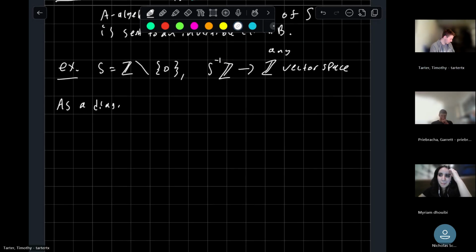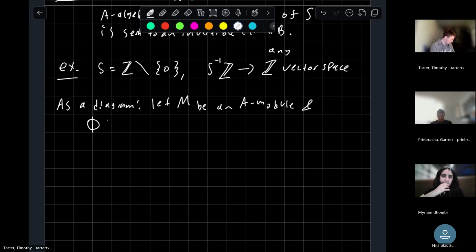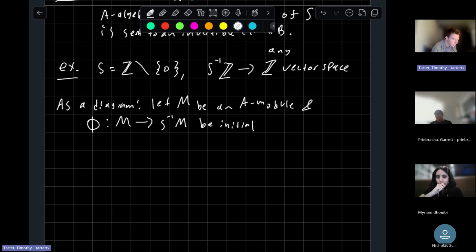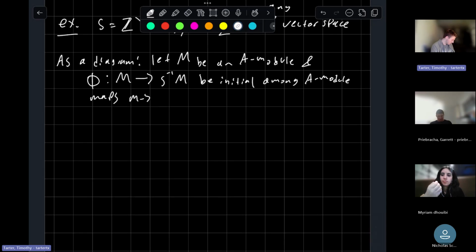So as a diagram, let M be an A module and let phi from M to S inverse M be initial among A module maps from M to N such that elements of S are invertible.